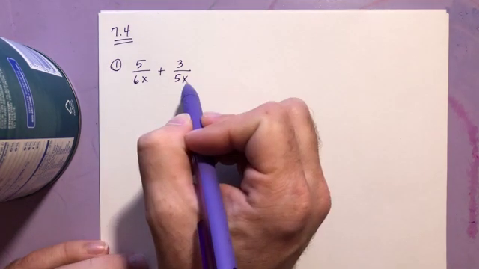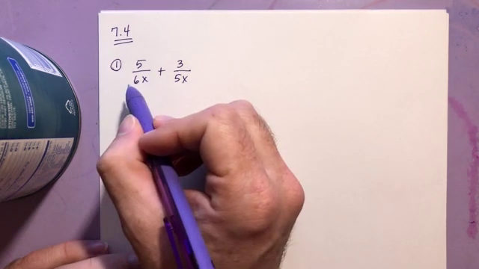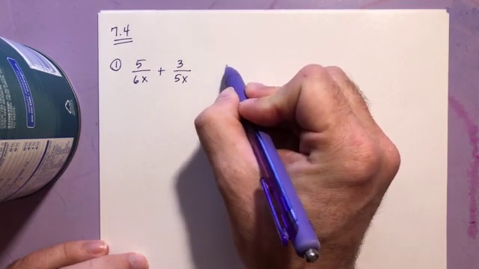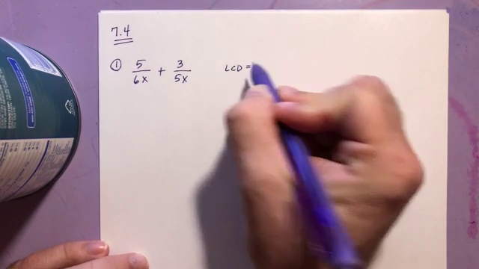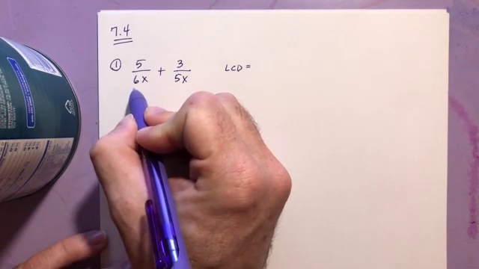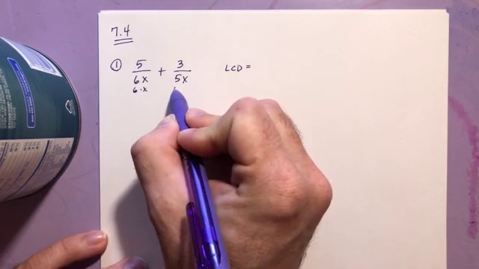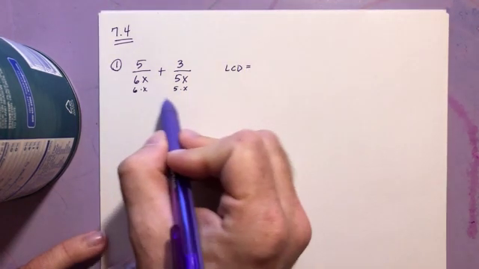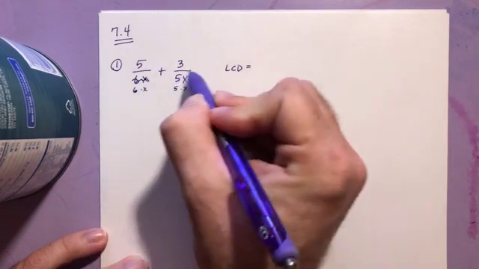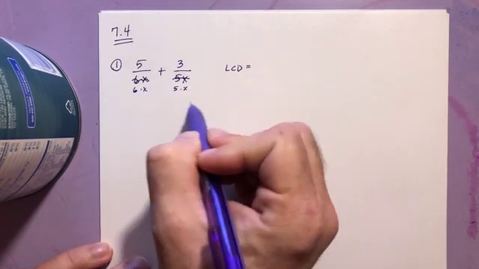So the idea here is when we want to add two fractions that have different denominators, we have to find a common denominator. In order to find the least common denominator, we have to factor these two. Now, they're already factored, 6 times x and 5 times x. So once I factor, I don't need two of them, I just need one each.